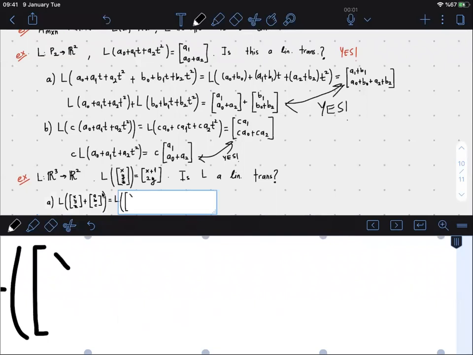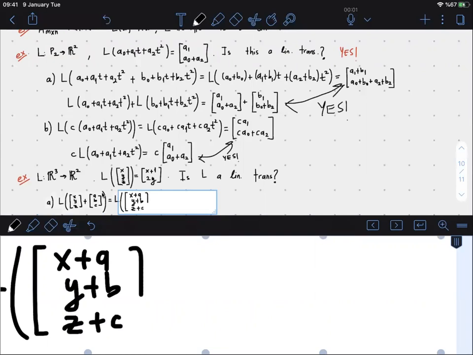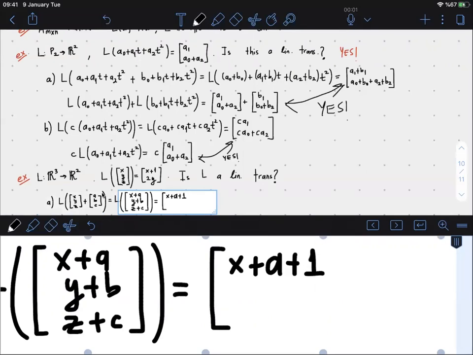This will be x plus a, y plus b, and z plus c. And what is the final answer? If I apply the transformation L, I get the first component plus 1, and the second, 2 times the second component.